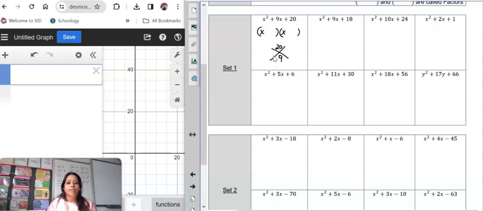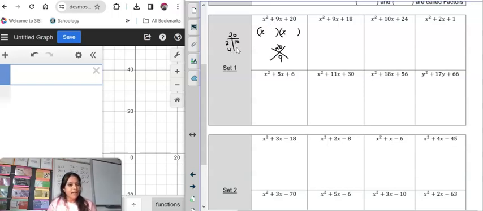So let's see. 20 has a bunch of factors, right? For example, I'll write out the factors here. I won't always do this, but just since it's the first one I'm doing. So to get 20, I know 2 times 10 gives you 20, but it's not going to work because 2 plus 10 is 12. I need to have 9. So I have to think of two other numbers.